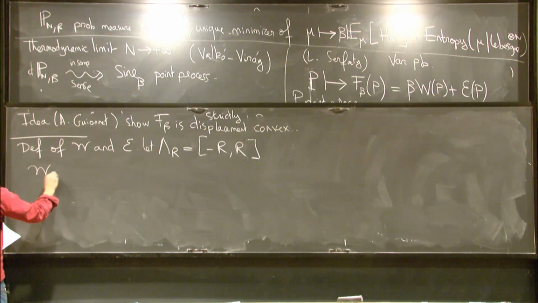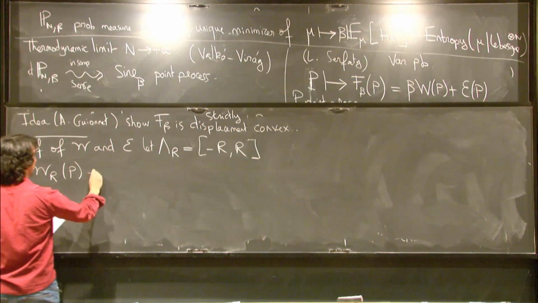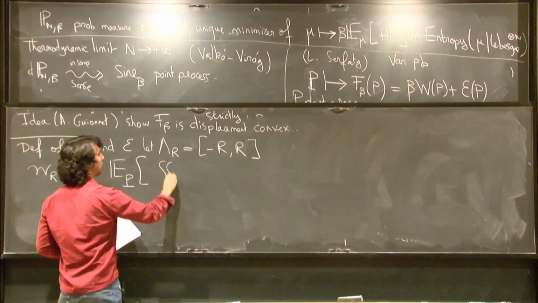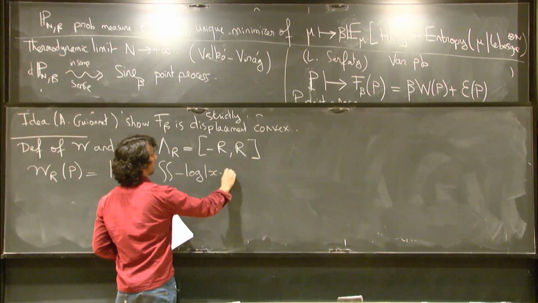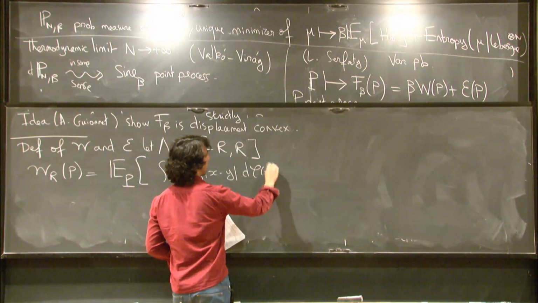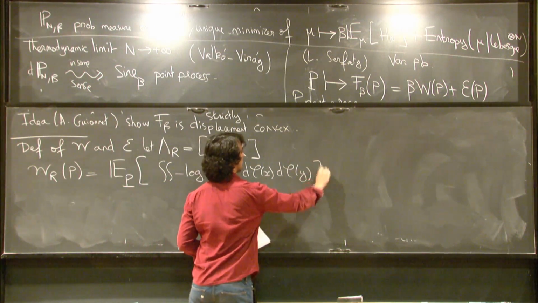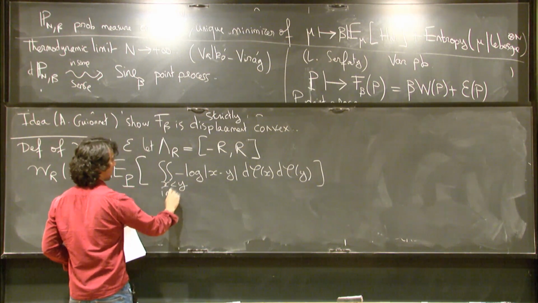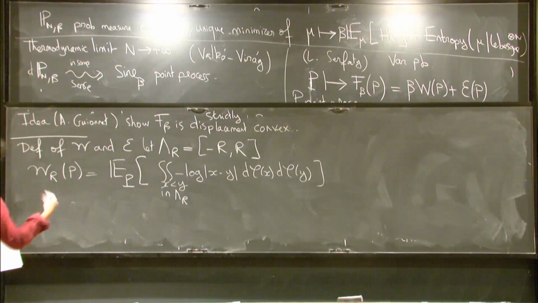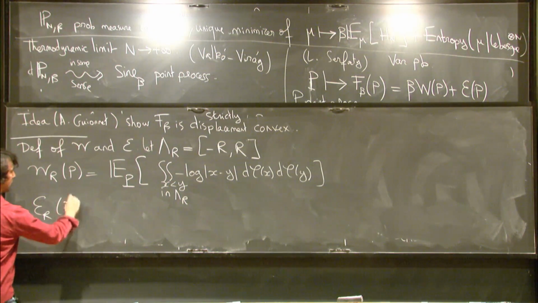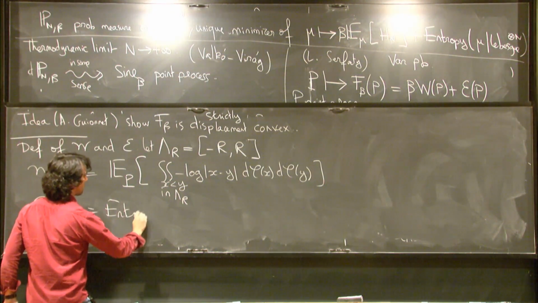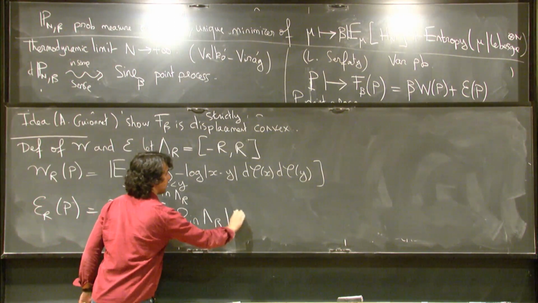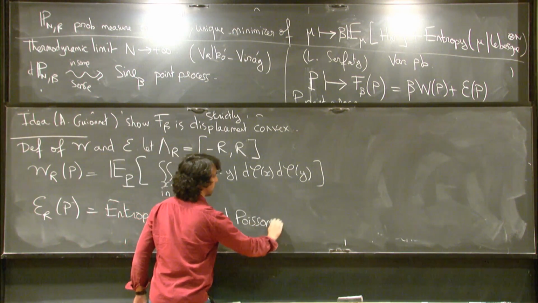I will define WR of P as the following thing. It's the expectation under P of the logarithmic interaction.